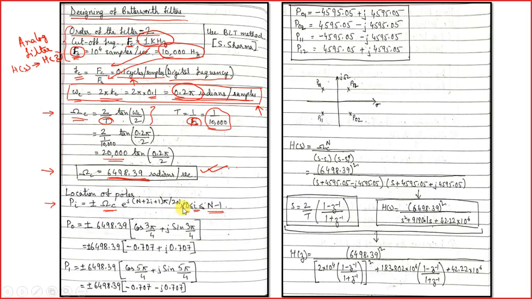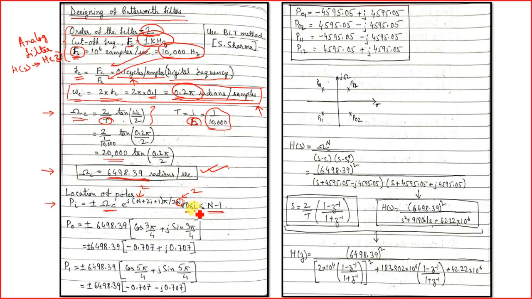In this case, our N, the order of the filter, is given as 2, so we just put 2 here and 2 here.